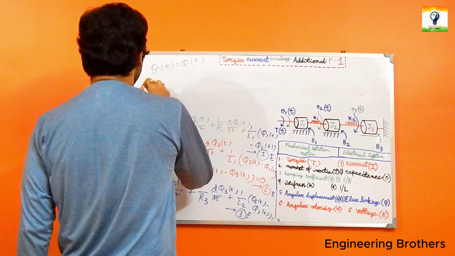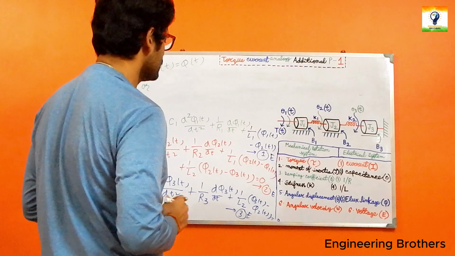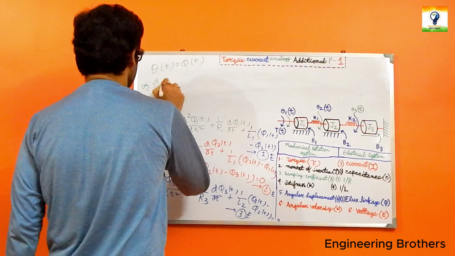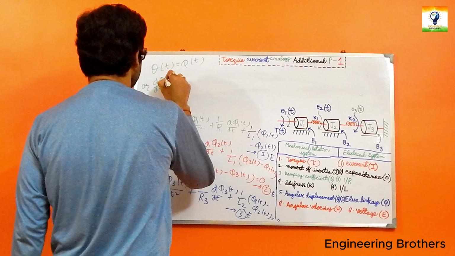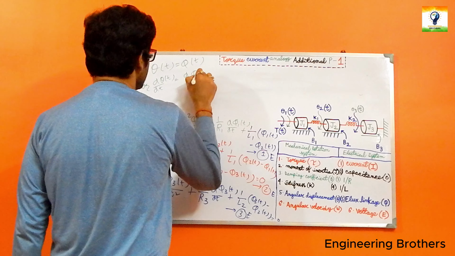So if you take the simple derivative on both sides of our expression, d/dt of theta(t) will be equal to d/dt of phi(t).